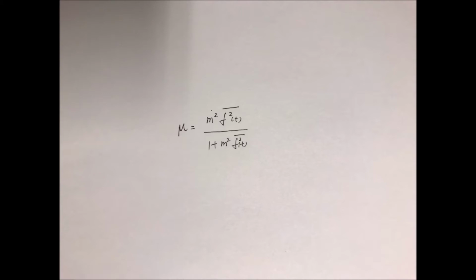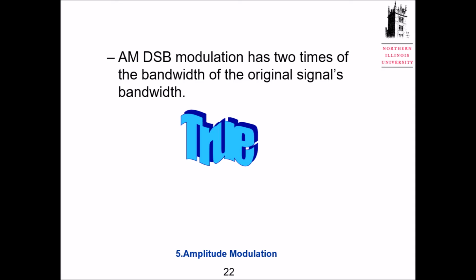This is the efficiency for double sideband large carrier. You can find the equation in your summarized big table. So it is always less than 1, no matter how big an M you choose. Definitely M will be a number less than 1. So it's true.